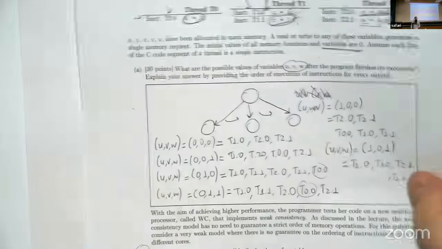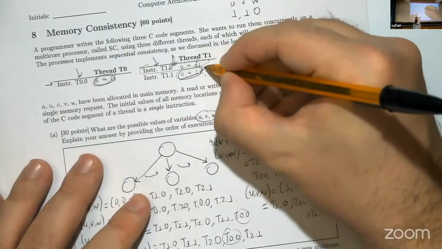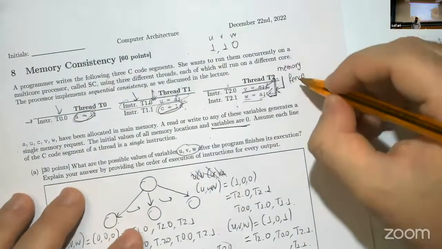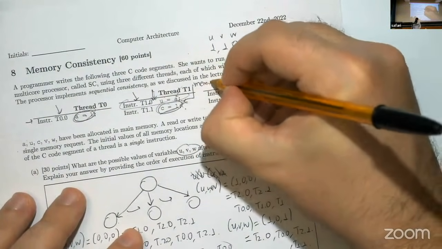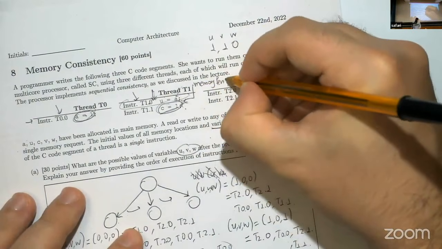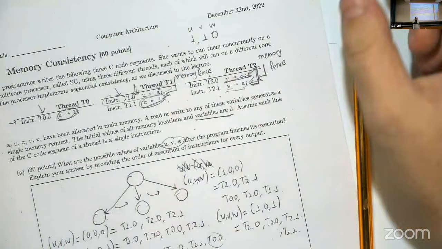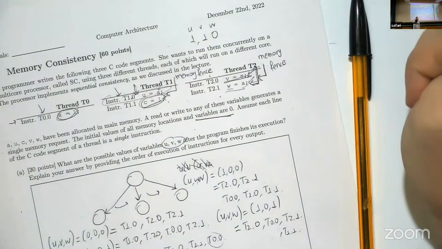But if you do not find this, then you cannot answer this one, basically. So what do we do? We need two memory fences. One here, as we discussed, and we need a memory fence here as well, so that we do not allow C equals 1 before U equals A happens. Is it clear?